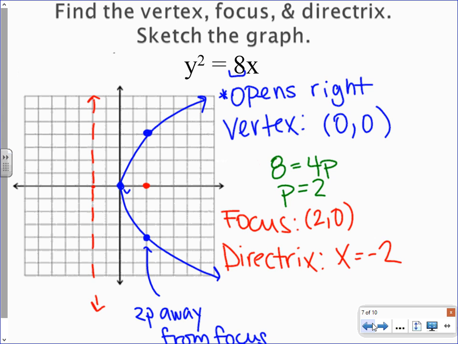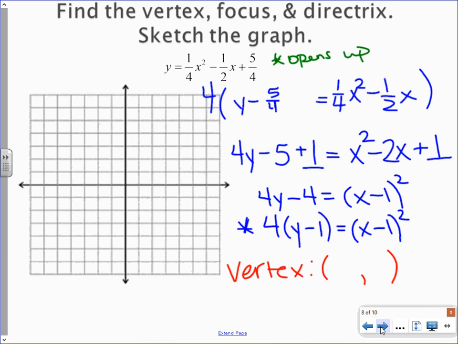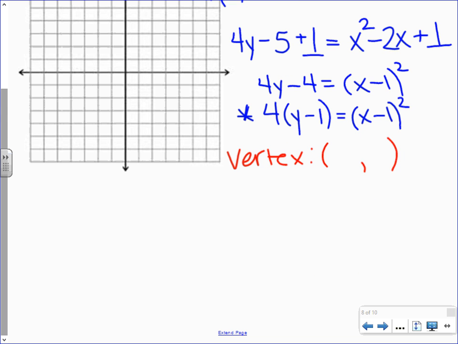Go back and look here. We have x minus h here and y minus k here, right? So what number is being subtracted from x? What number is being subtracted from y? Where's our vertex?